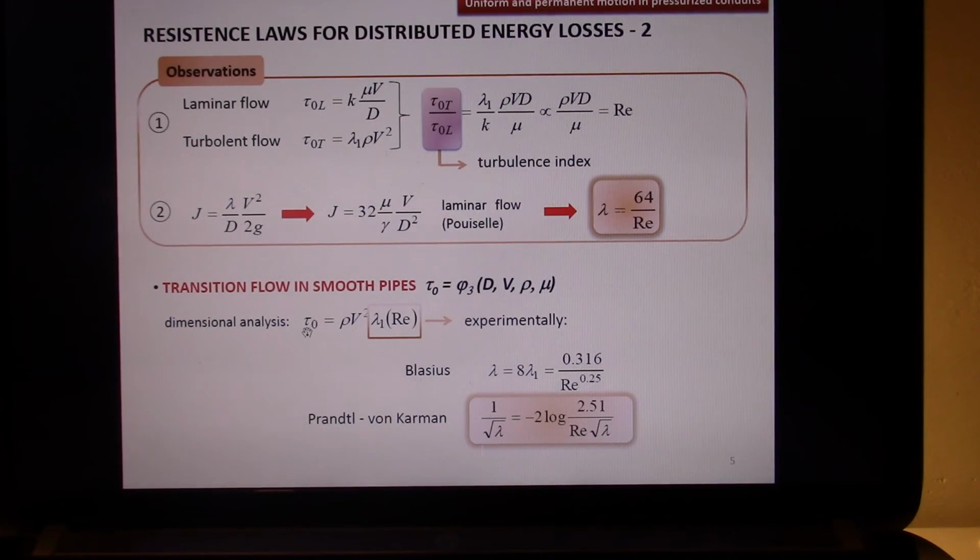Remember that J depends on the friction factor, and the friction factor depends on the nature of your flow or the relative roughness, or both, depending on the kind of flow that you're observing, and the kind of flow is given by the Reynolds number.